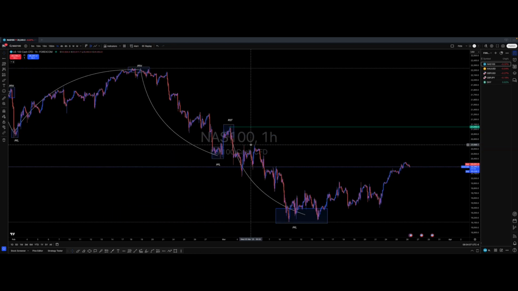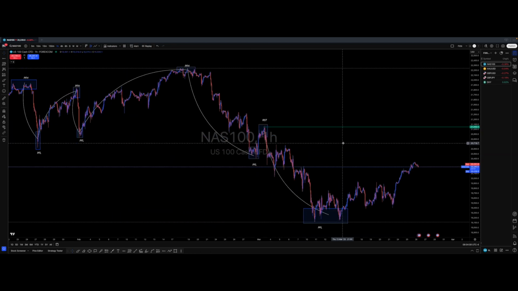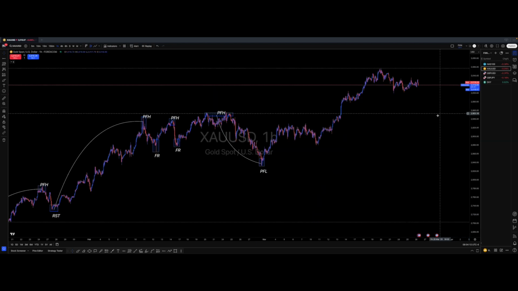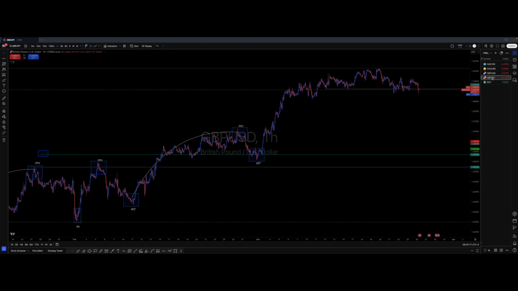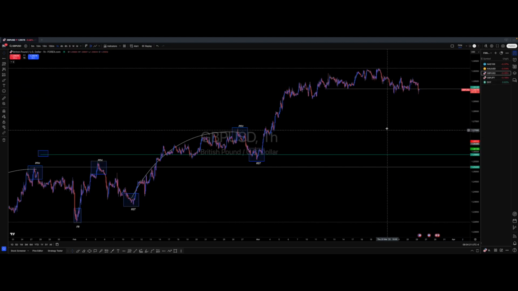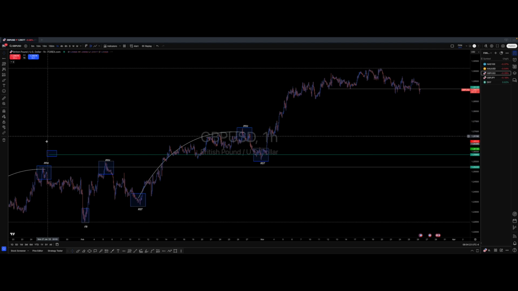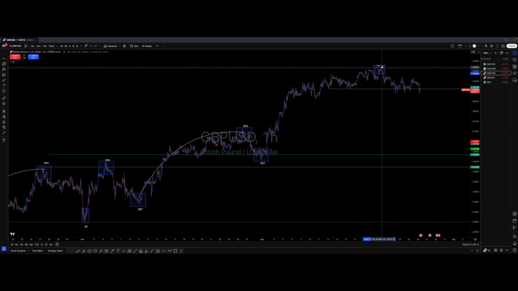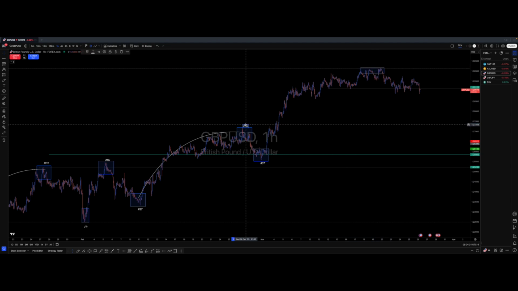Now that we know what we're on all 4 of the pairs, we've pretty much caught up on all of them. NAS, gold, pound USD, pound JPY. While we're here, let me just update this so you guys are good on this. This is obviously a peak formation high up here on pound USD.